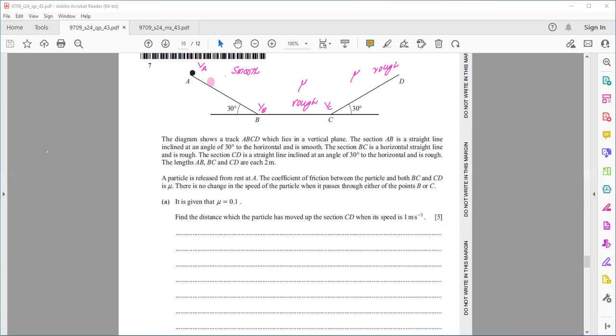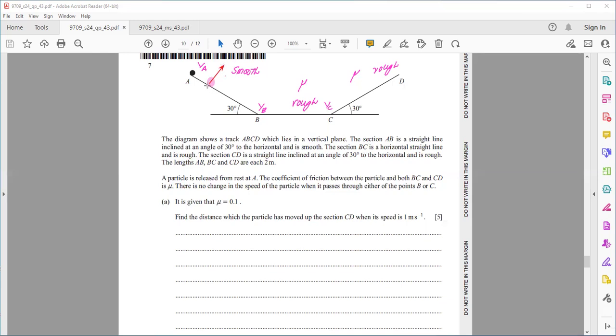Forces on this particle A: in this case we have two forces. The first one is, when the particle is in contact with another surface, there will be the normal contact force, so I will draw the normal contact force in the diagram.